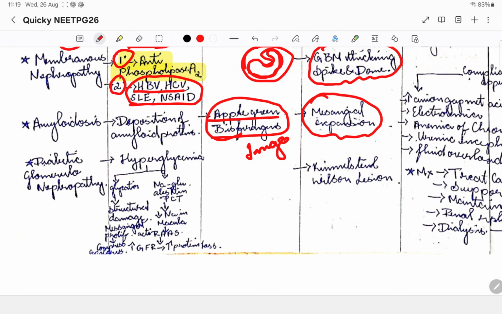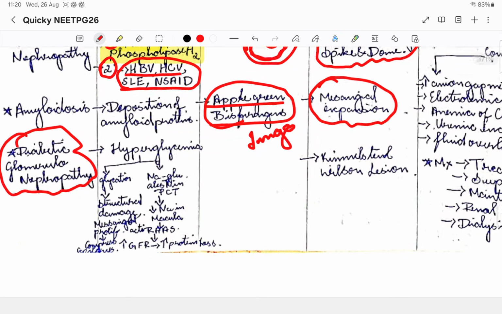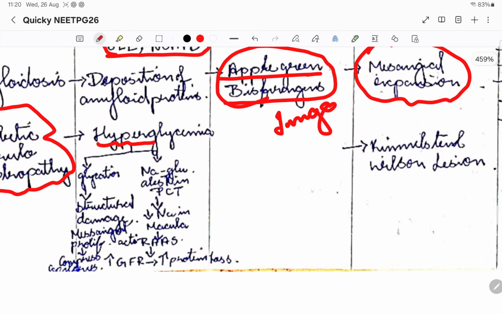Coming to diabetic glomerulonephropathy, this is the most common one that we see with everyone. Diabetic nephropathy means diabetic nephrotic syndrome is happening. There is hyperglycemia in diabetic patients, so there is glycation of all the molecules around the glomerulus, causing structural damage because of all the glucose deposition.